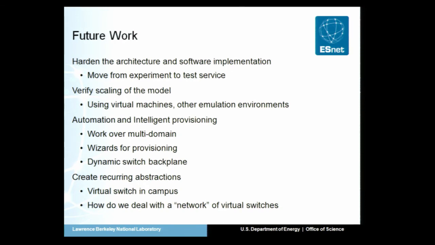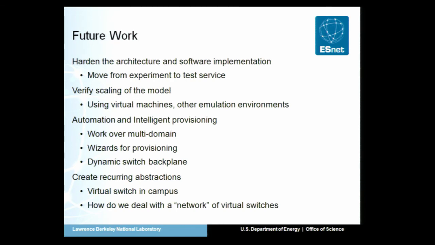We want to verify the scaling of the model using virtual machines, simulation of many virtual machines implementing this model. We want to automate this intelligent provisioning over multi-domain and build wizards for making virtual switch provisioning happen. And then we want to create recurring abstractions. What I mean by that is, if this abstraction works over the wide area, why can't it work over the campus?